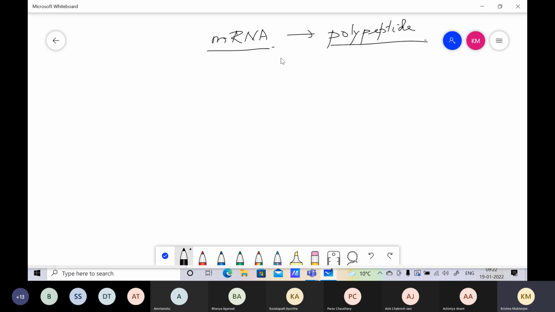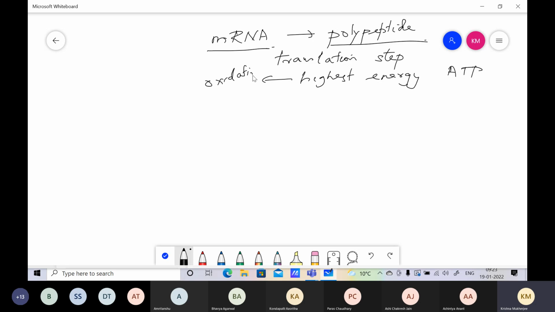This translation step is highly energy intensive and requires the highest energy molecules, means ATP, and that in turn means better oxidative phosphorylation and so on. So this is a complicated step.